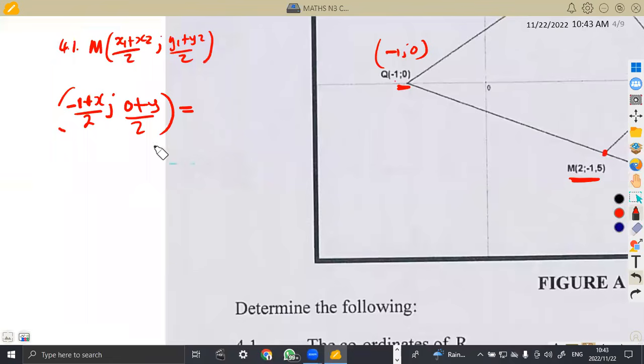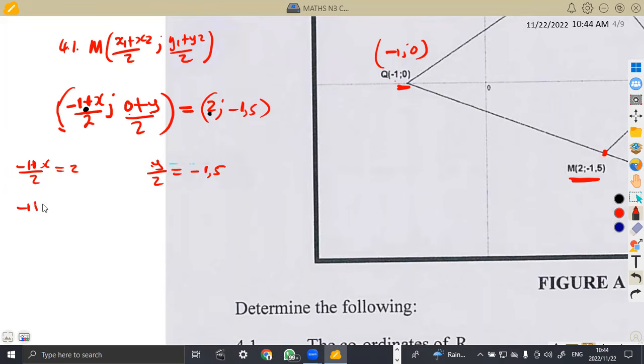The first parts will be equal: -1 plus x over 2 is equal to 2, and 0 plus y, that is y over 2, is equal to -1.5.